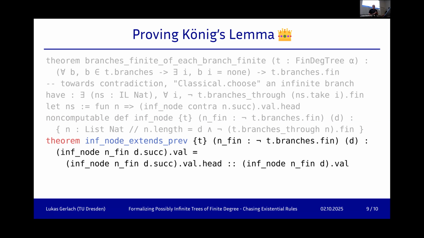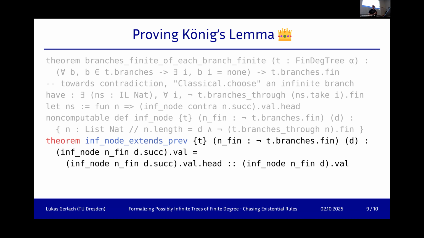And the crucial property that we need for this, the formal statement is a little bit tricky, but we just want that this definition always extends the previous node that we picked in the depth before, right? So it should really be a continuous address through the tree and not pick random stuff everywhere. So this is something we crucially need, and this is also why we made the previous thing into a non-computable definition and not just proved existence of such a node, because then we couldn't really work with the previous thing in a nice way.